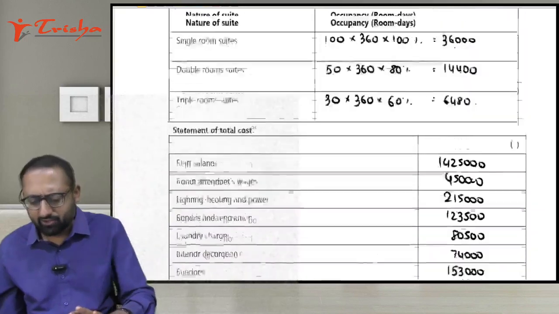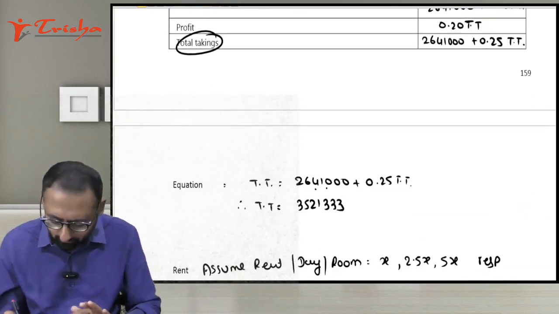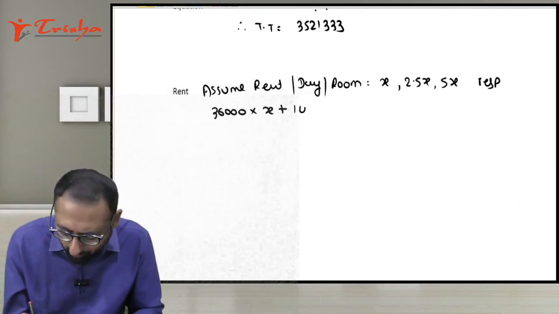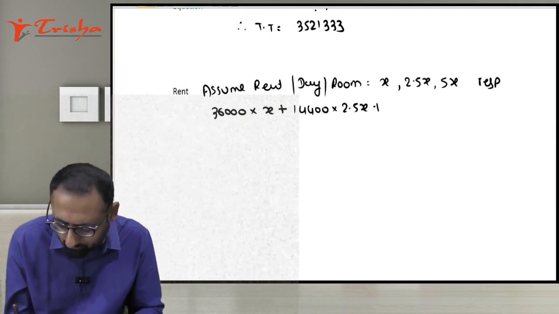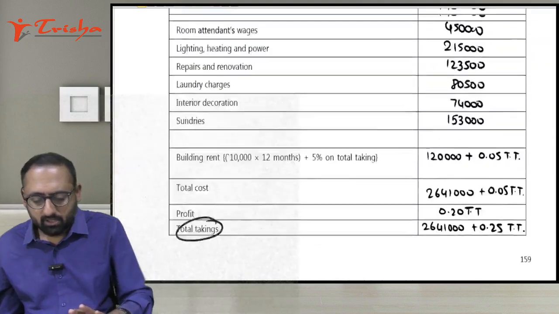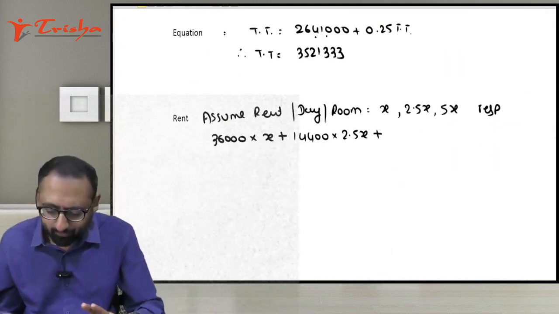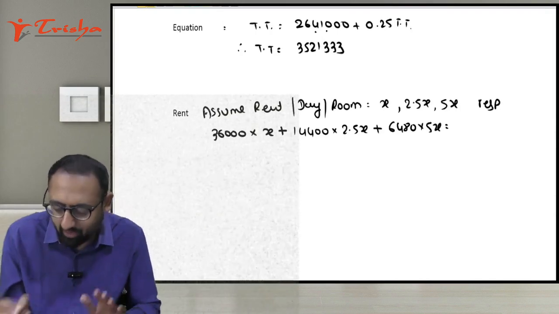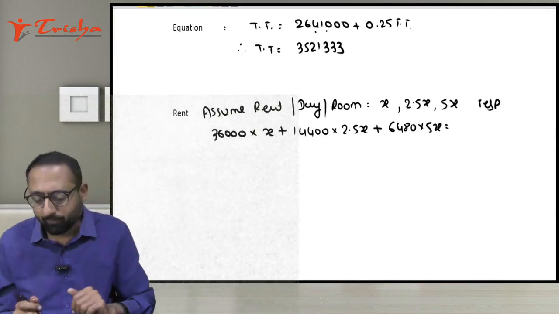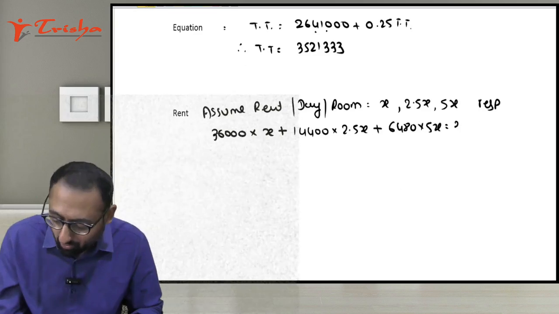Double room 14,400 multiplied by 2.5x, plus triple room 6480 multiplied by 5x.